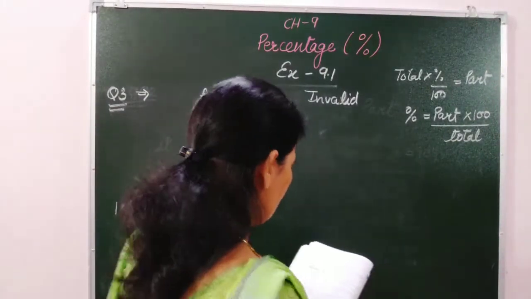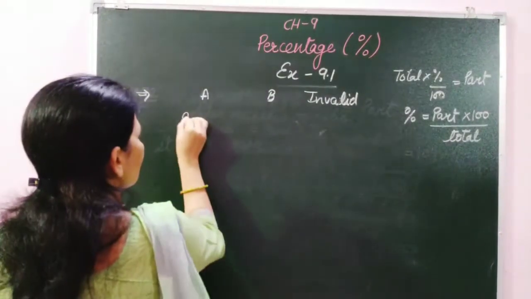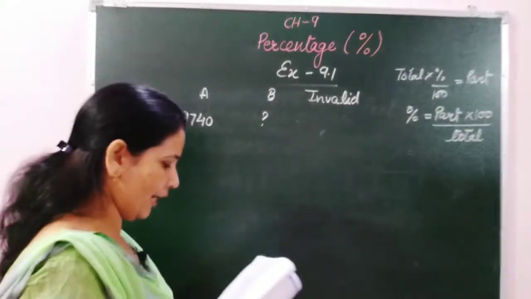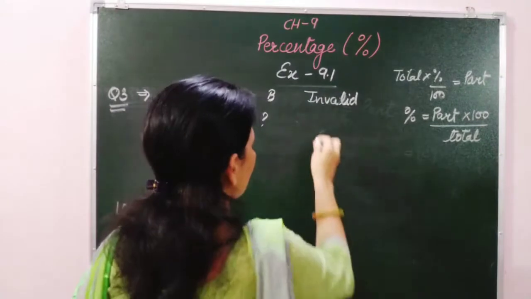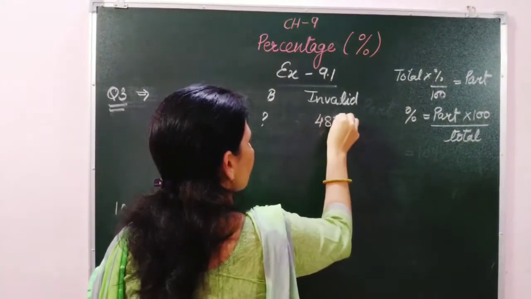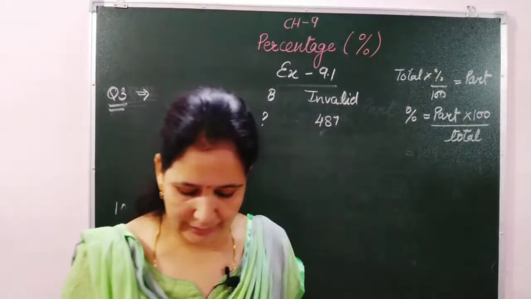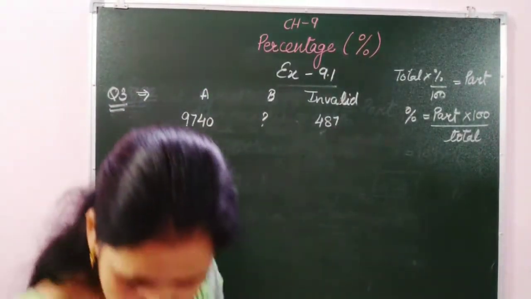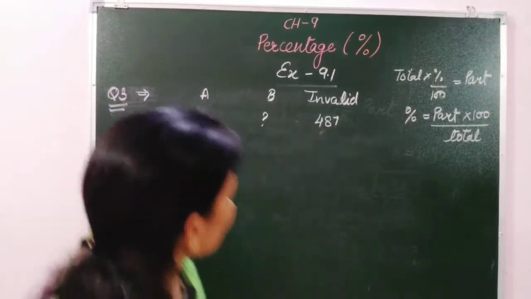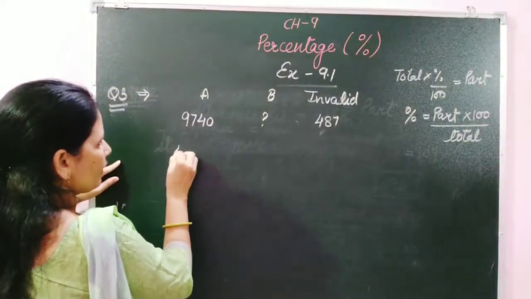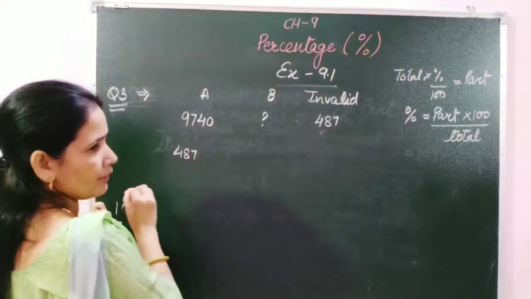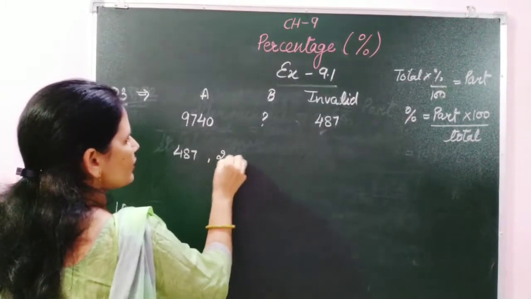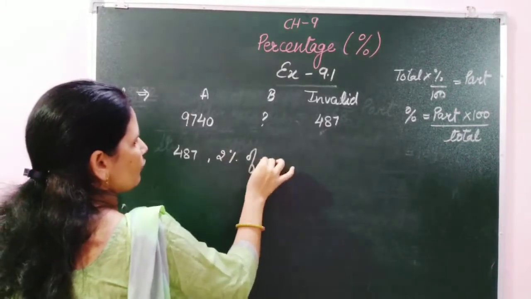Okay. Now A secured 9,740 votes. B we don't know, we have to find that out. And the invalid votes are 487. One thing they have given in this question is that these 487 invalid votes are 2% of the total vote.